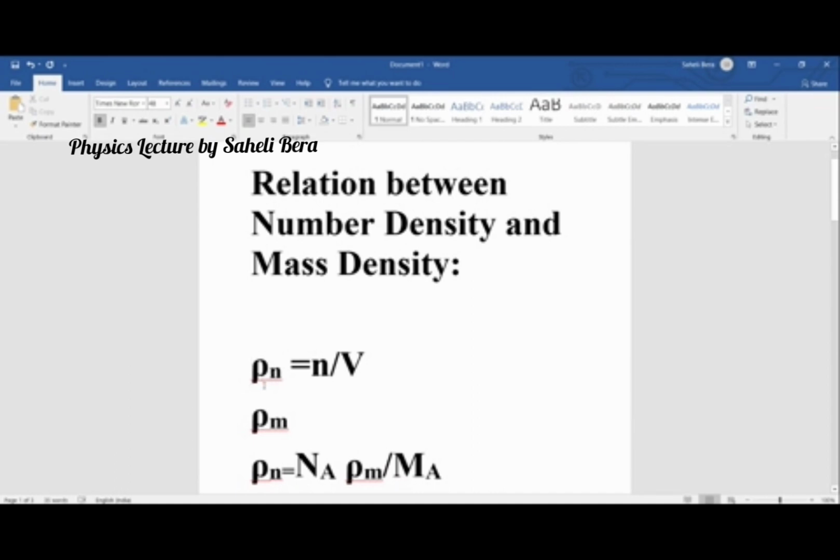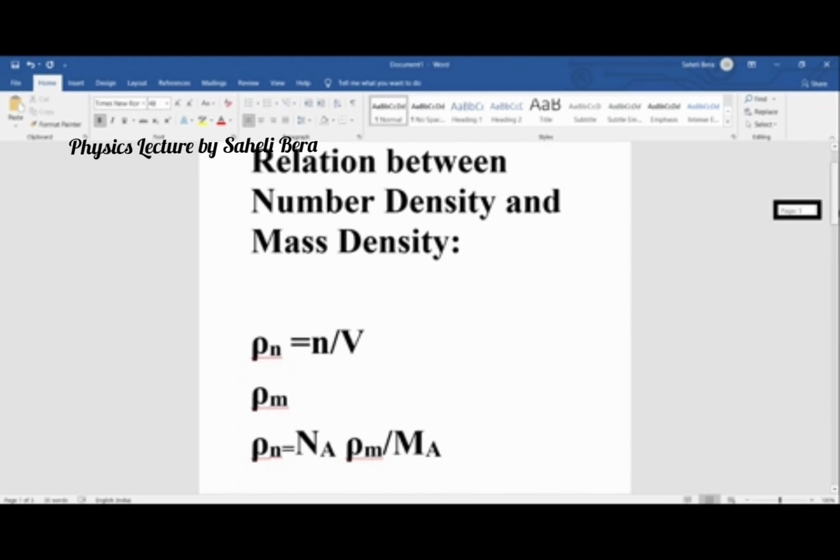I am taking number density as rho suffix n, which is equal to N by V. N is the number of atoms in the unit cell, and V is the volume of the unit cell. And rho suffix m is the mass density. So rho suffix n because it's number density, n for number, and rho suffix m for mass, so it is mass density. Easy to remember.